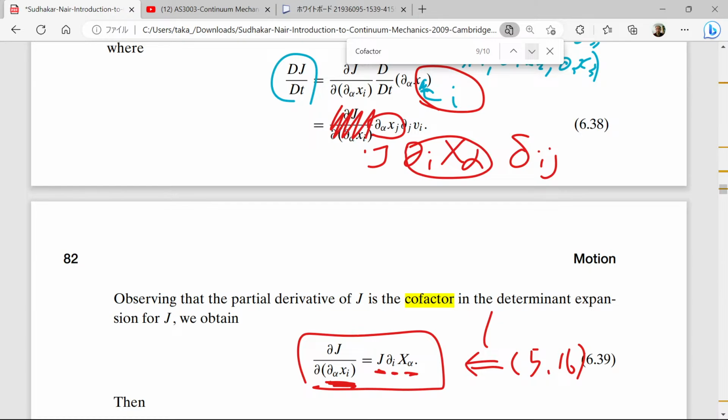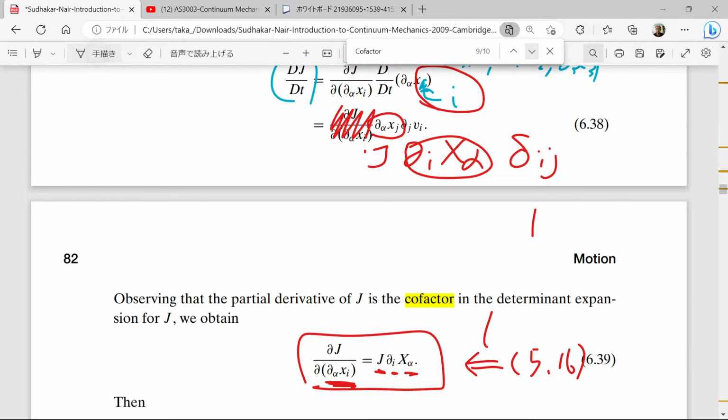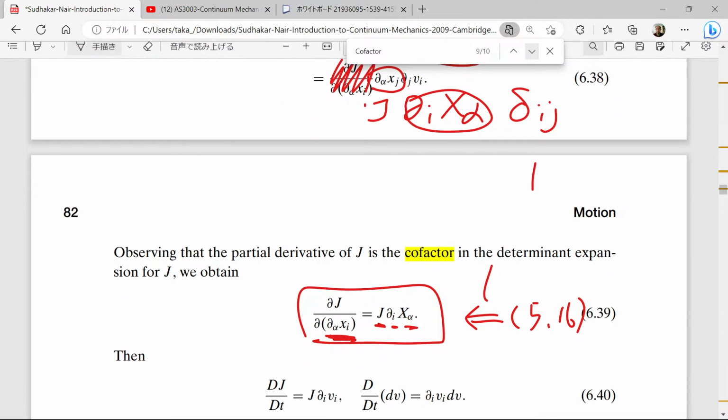We can sum on j or i either way. So you have J partial i vi.